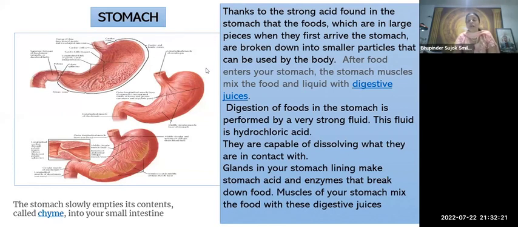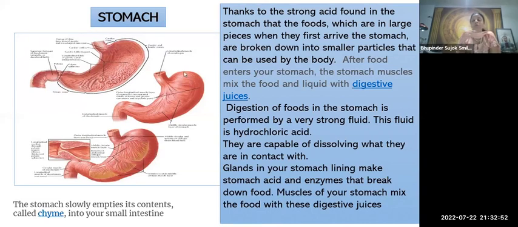Yes. So now, the stomach, thanks to the strong acid, we say Jataragni, found in the stomach. That is why it helps to digest the food, and food is broken into smaller particles that can be used by the body. After food enters your stomach, the stomach muscles mix the food and liquid with digestive juices.